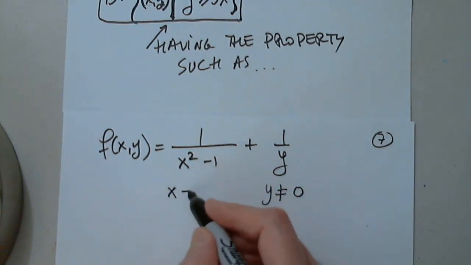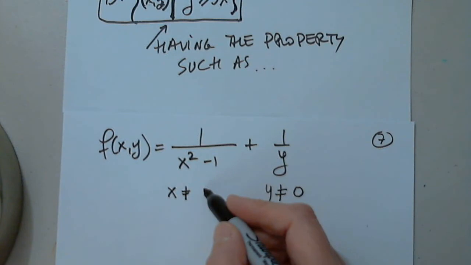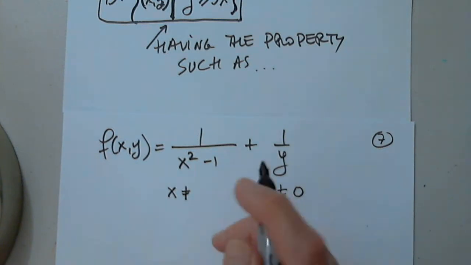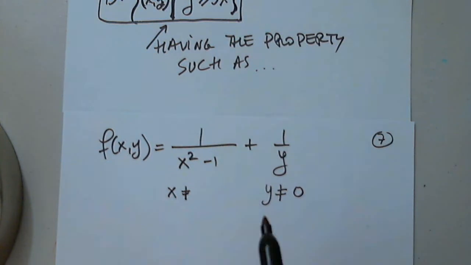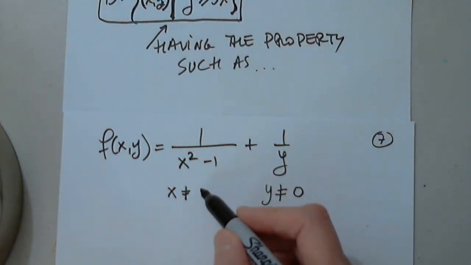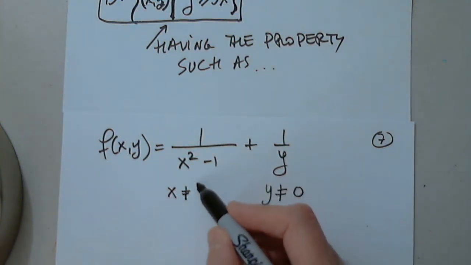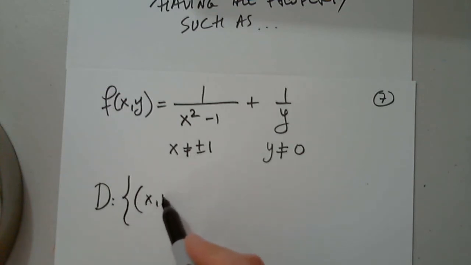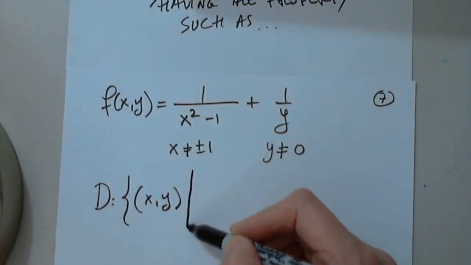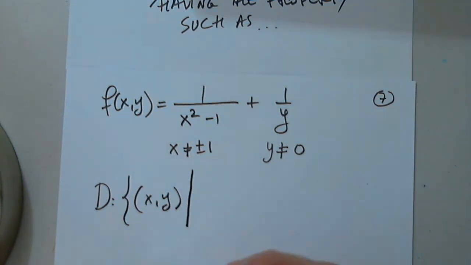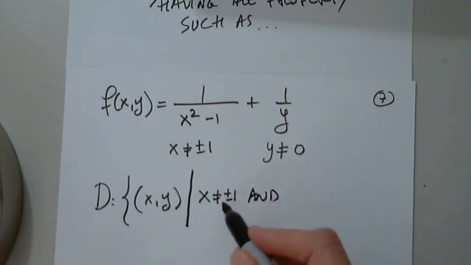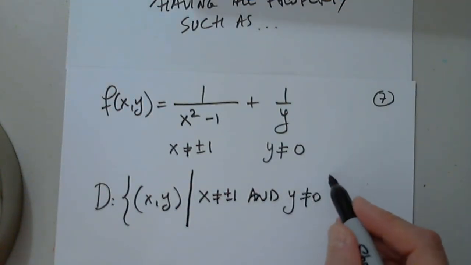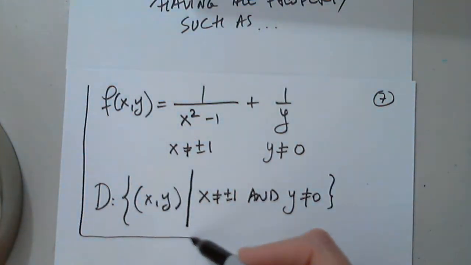And here I know that x cannot be 1, or, if it's quadratic, I have to have two solutions, -1. And how do I write this domain? No problem. The domain is made out of ordered pairs having the property. They can be anything, but x can never be plus or minus 1, and y cannot be 0. This is the domain of such a function.